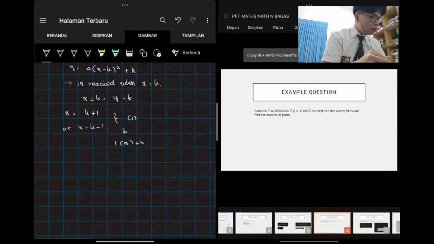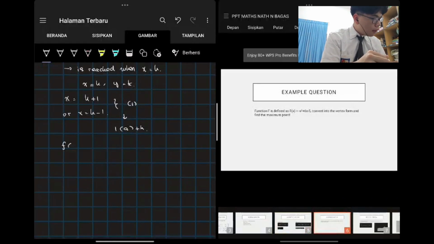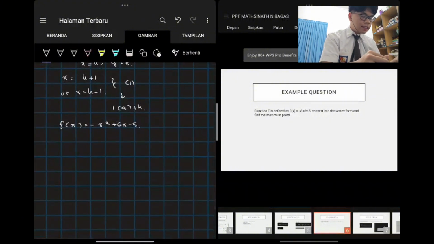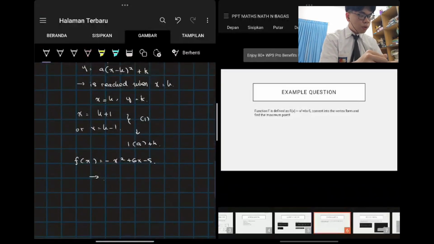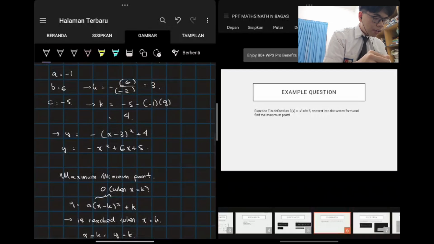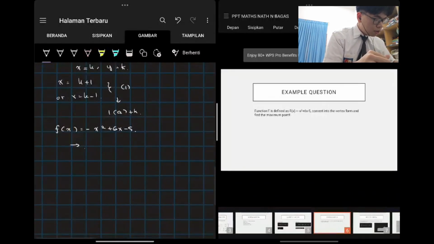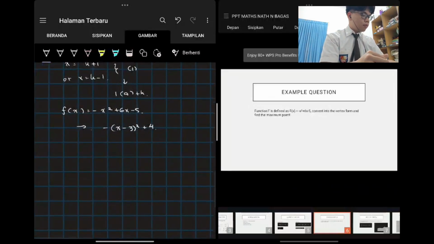Okay, back to the original problem. f(x) equals minus x squared plus 6x minus 5. This is still not in the vertex formula, so we convert it first. We had already done that in the first part, which equals minus (x minus 3) squared plus 4. Now, x equals h, so x equals 3.